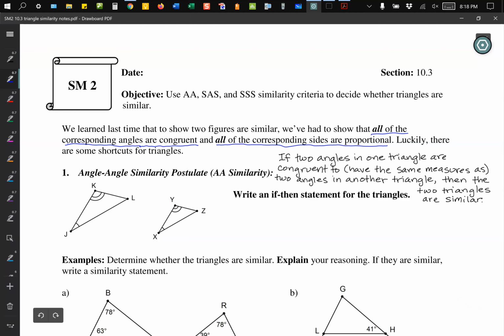triangles are similar. So in this drawing right here, I have 2 sets of angles that are marked as being congruent. Angle J and angle X both have 1 mark.